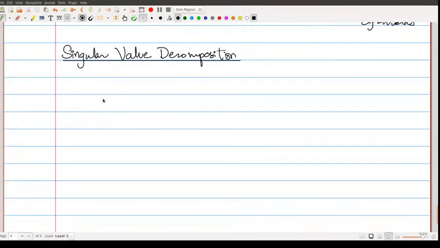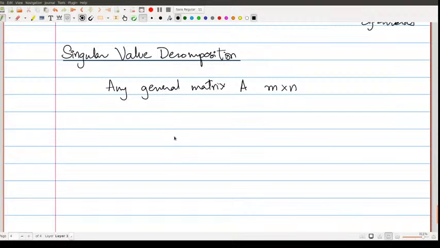Here we're going to deal with any general matrix A, so it can be an M by N matrix. This topic brings together ideas from eigenvalues, from symmetric positive matrices, and from the four fundamental subspaces that we looked at.